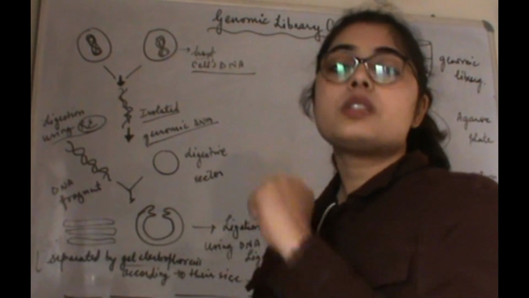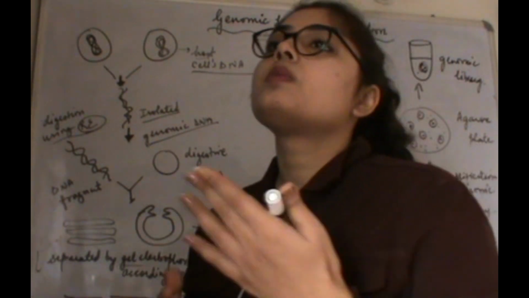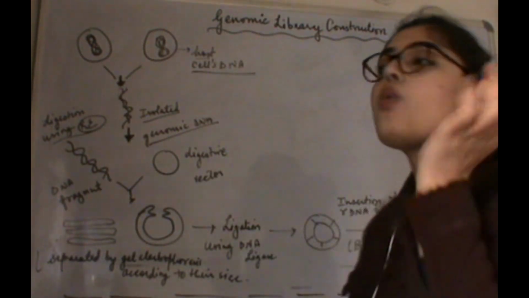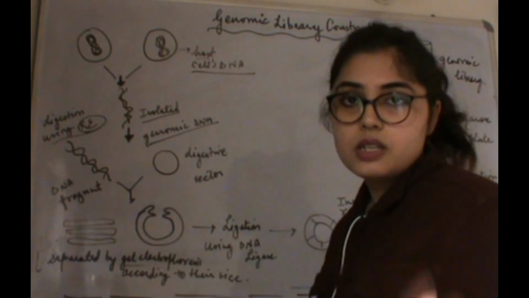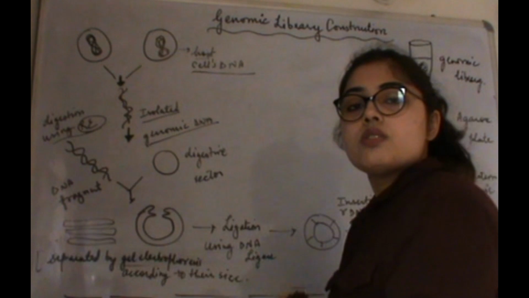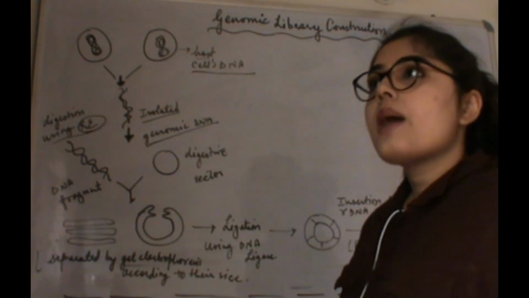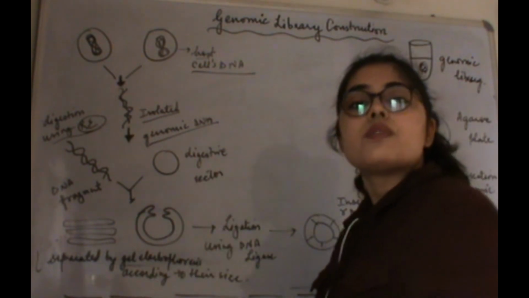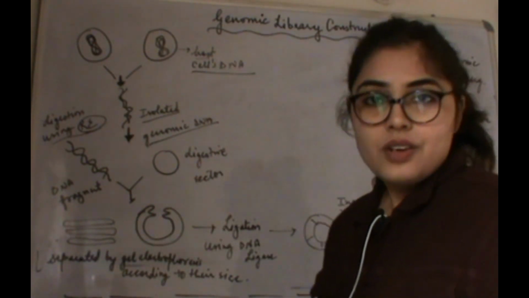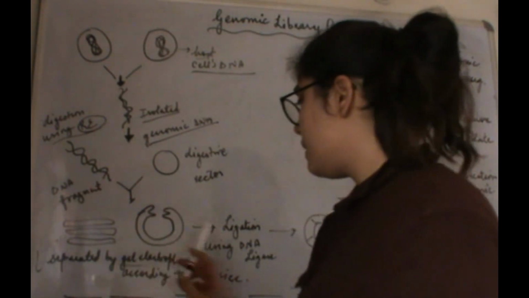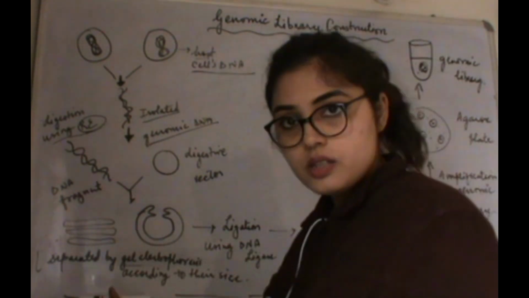You should already know the meaning of agarose gel electrophoresis. We use agarose gel and run it, and the strands are separated on the basis of their size, right? So this DNA fragment is separated by agarose gel electrophoresis.